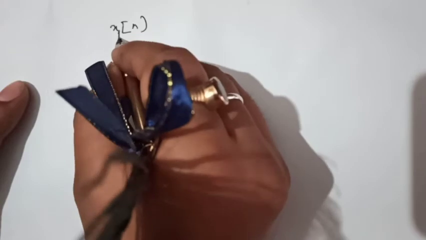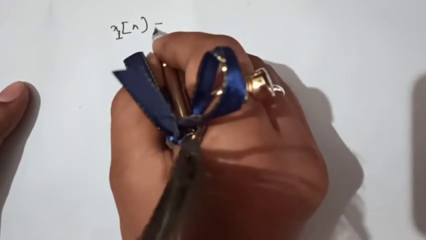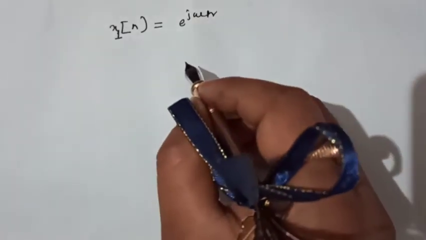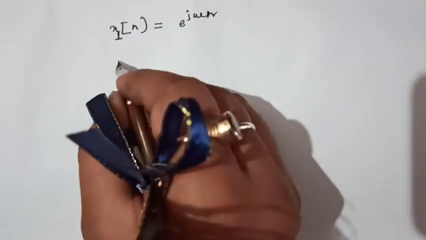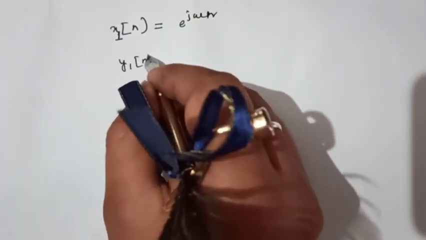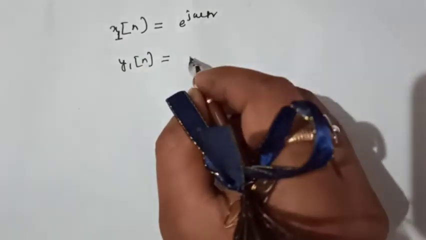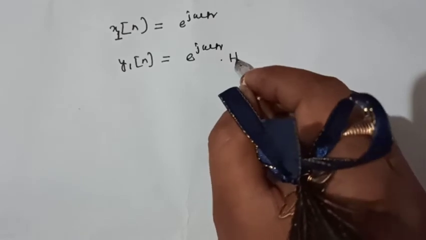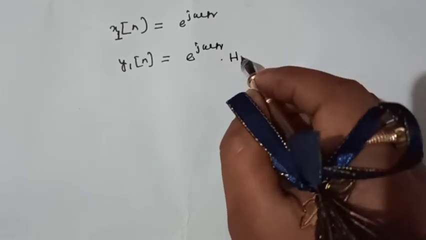Now another point. We have already discussed that if my input x1 of n is e to the power j omega n, then let the output be y1 of n. My output will be the same input e to the power j omega n, but along with H of e to the power j omega.